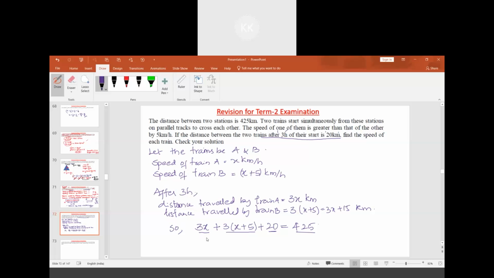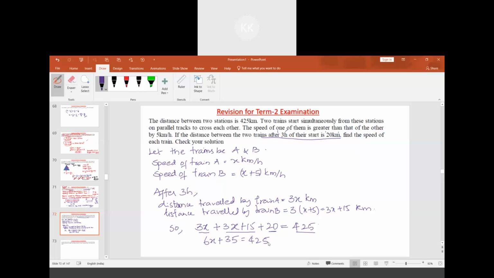So 3x plus 3x plus 15 plus 20. If we simplify, 3x plus 3x will be added up, we get 6x plus 35 equal to 425.